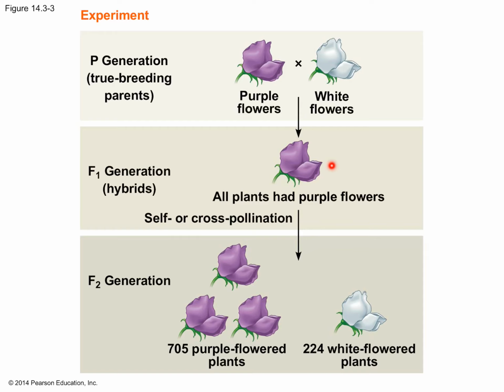So purple was dominant, white was recessive. Okay. Well, he knew that the white color factor, gene let's say, was present in these individuals because if it weren't, it could not possibly have shown up again in the F2s when they reproduced. So the white is there, but it's not being expressed. It's not showing up. It's being dominated by purple for some reason. Okay, so that's an important result.